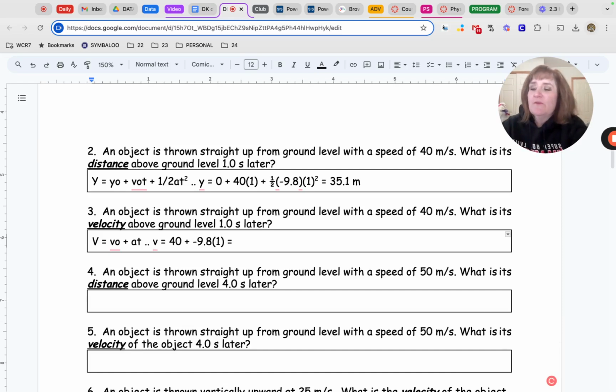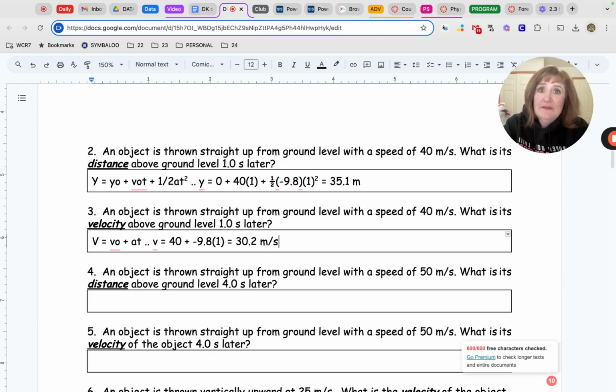So what is 40 plus a negative 9.8 times 1? That would be 30.2 meters per second. Notice it is still positive because we're still going up.